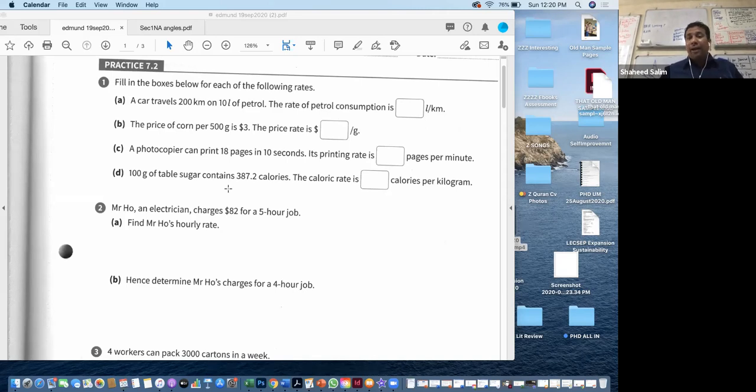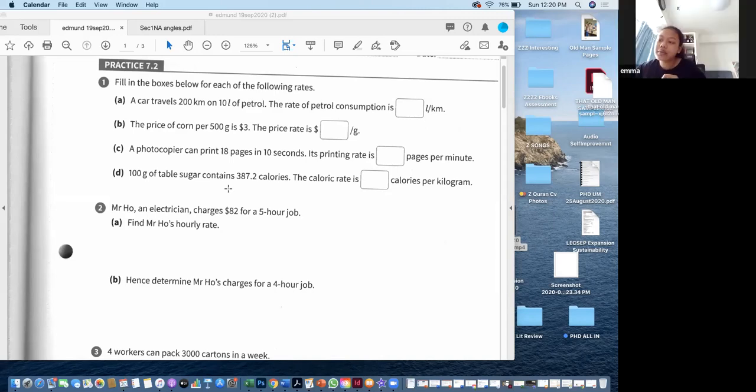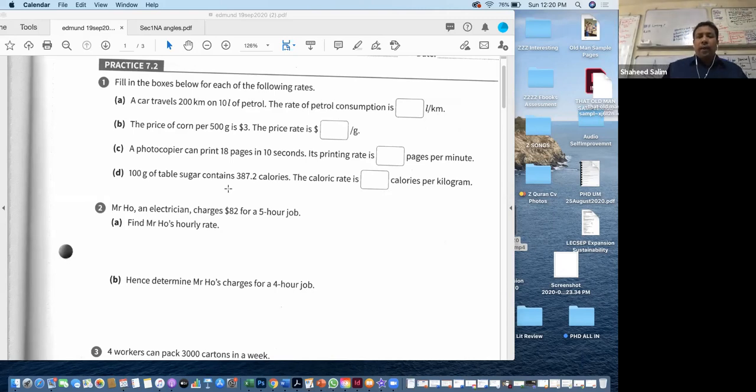So rate, you must see the value in your life. Now, this is caloric rate. So what's the answer, sorry? 3.872. Well, you must change this from gram to kilogram. Be careful of the unit.